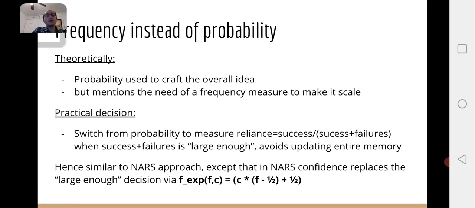NAS actually solves this. It replaces this large enough decision via a truth expectation which takes both the frequency and the confidence of a hypothesis into account. So it solves this issue of what a good value for large enough should be.